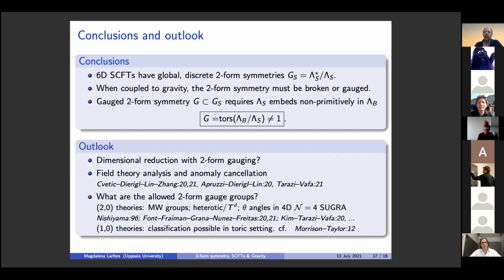And, right, I guess the question is, if there are different embeddings, can they sometimes have the feature that one is primitive and one is not? Or in other words, is the primitivity an intrinsic feature of the 6d SCFT? So I haven't explored it, so I don't really know. It's an interesting thing to explore.